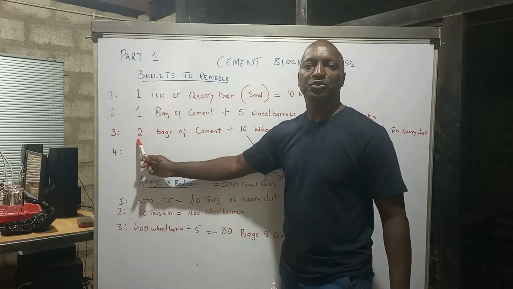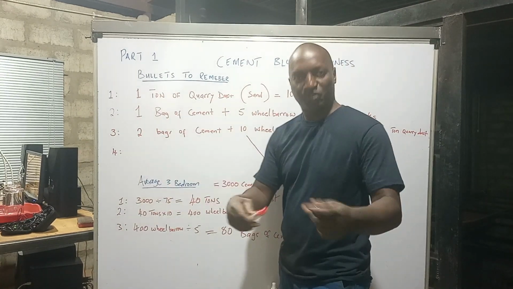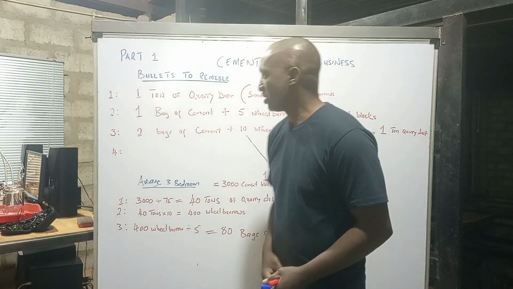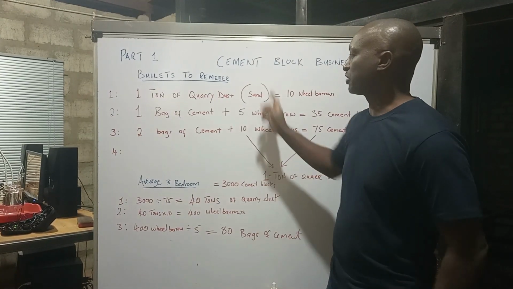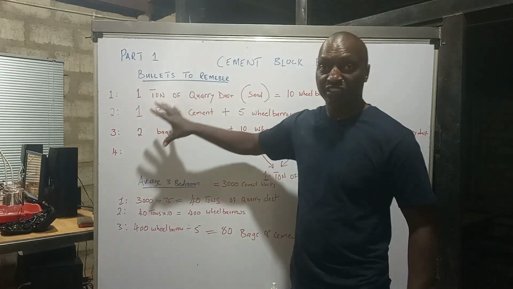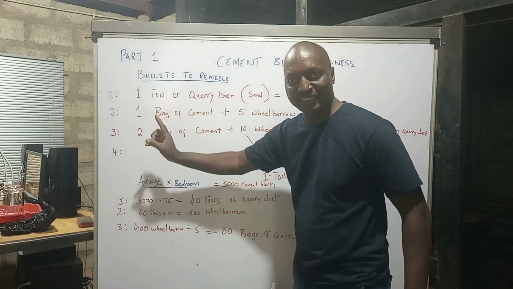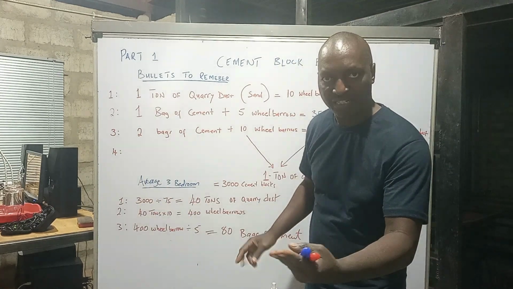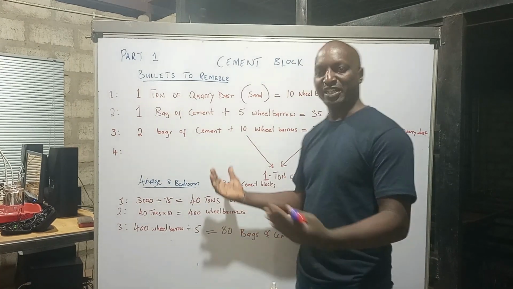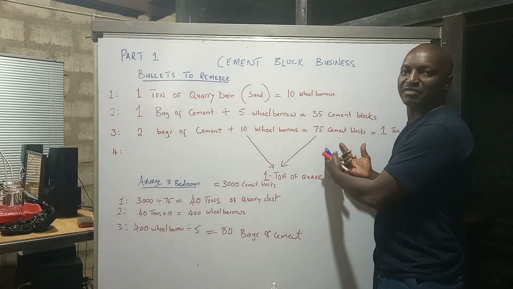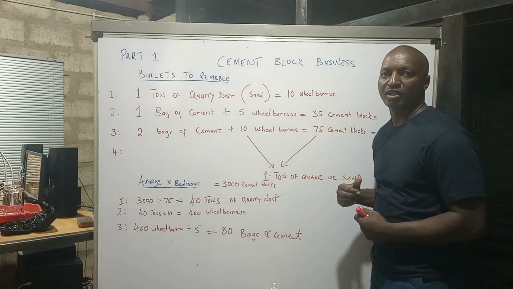But you're also going to use 2 bags of cement, which you also know how much it cost you. So automatically you know how to calculate, only on the materials, how much it's going to cost you for a ton in terms of cement and in terms of the quarry dust. But then you know that you're going to make 75 cement blocks. All right.